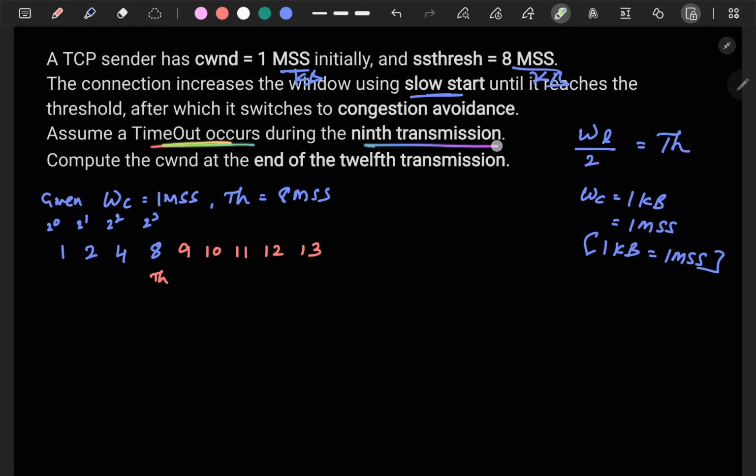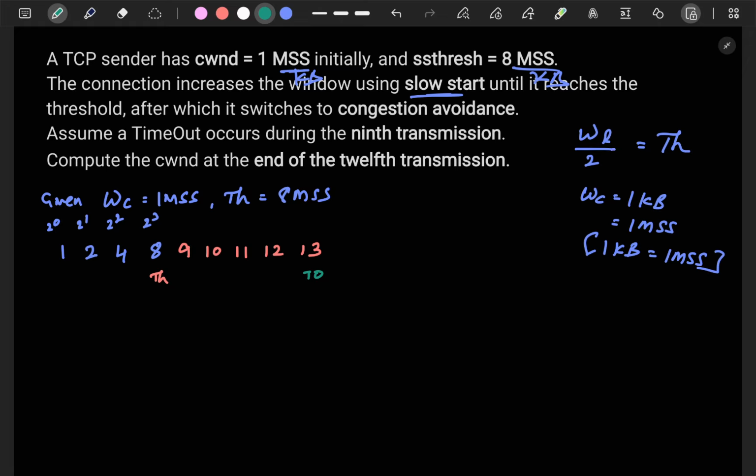Timeout occurs at the 9th transmission. So this is the first transmission, then second, third, fourth, fifth, sixth, seventh, eighth, ninth. At this time a timeout occurs. Then what will you do?